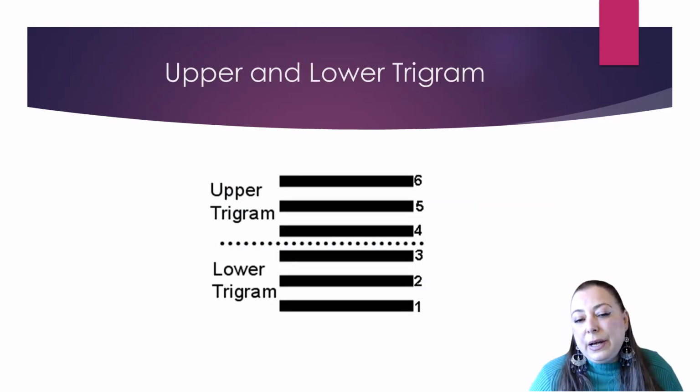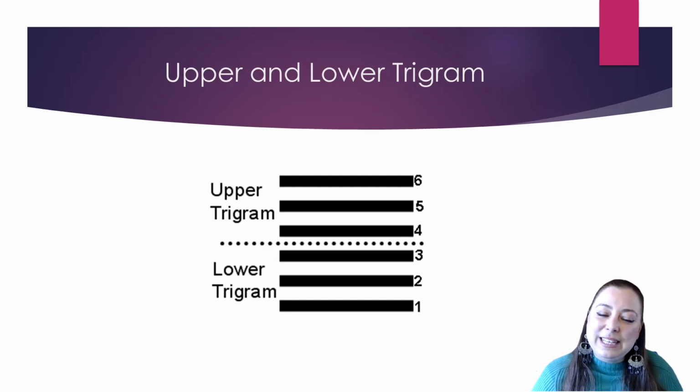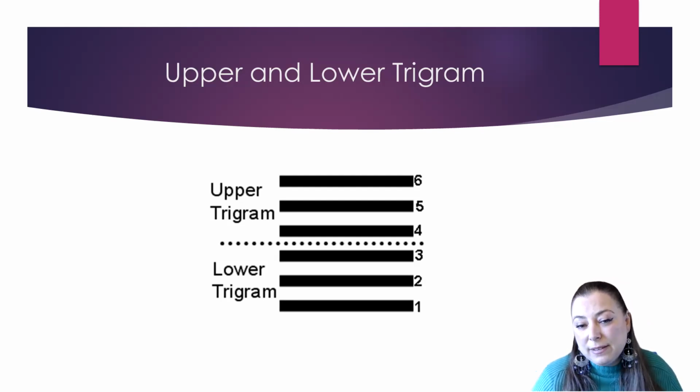And this means that, as you see here, if we look at this as a mechanical structure, then the first line is the basis, the foundation, on top of which is the second line, which is already in the second position, and the third line on the roof, at the end of the first trigram, the lower trigram, at the top of it.